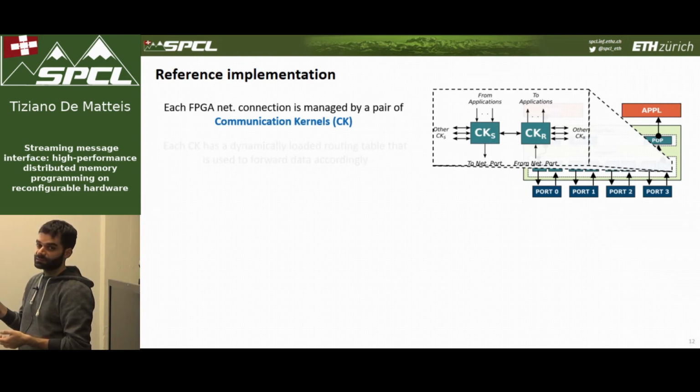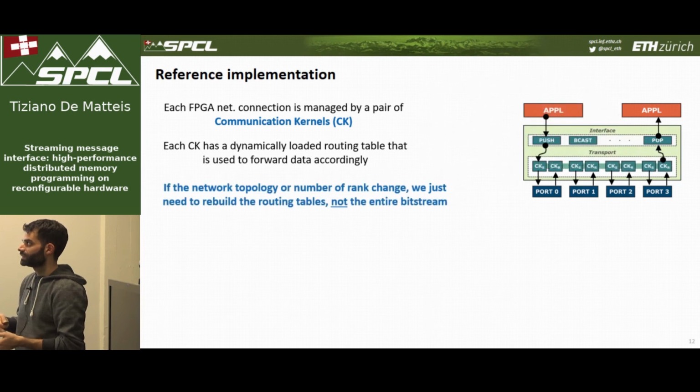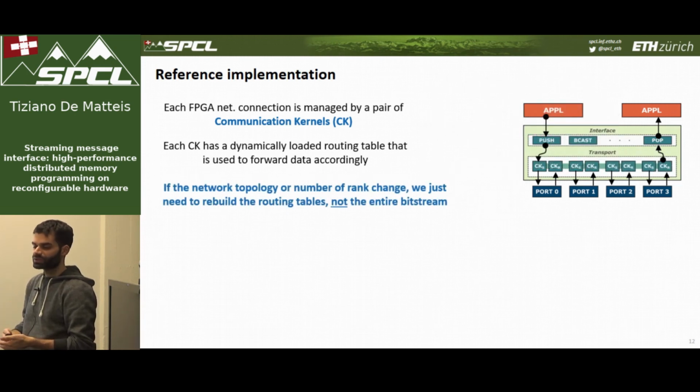These communication kernels use a routing table in order to forward the data according to the destination rank. And this routing table is dynamically loaded, which means that if we change the network topology, we just need to rebuild the routing table and not the entire bitstream, which is clearly a great advantage and will save us a lot of compute time that otherwise would have been spent synthesizing different versions of the bitstream.